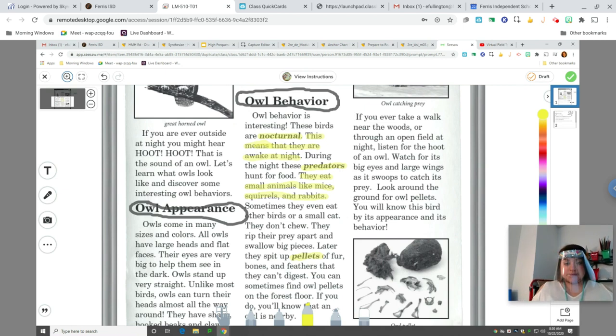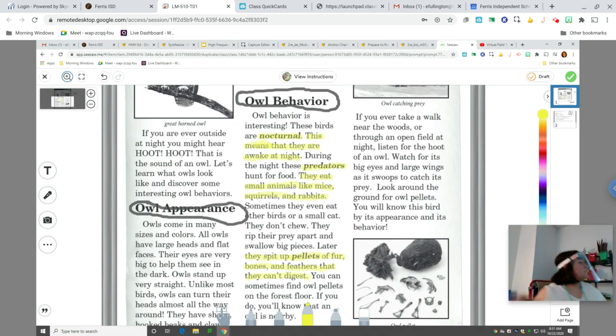Pellets? They spit up pellets of fur, bones and feathers that they can't digest.